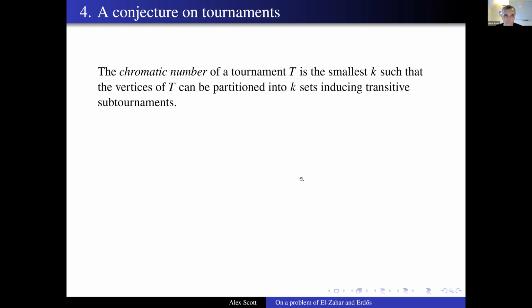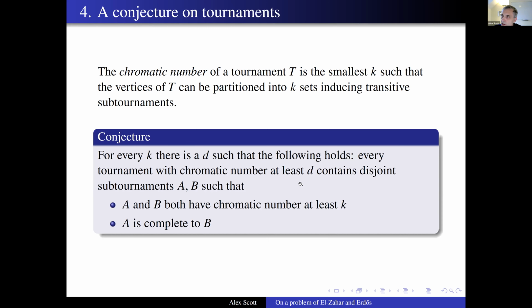Okay, right. So here's a conjecture, and it's going to turn out to be stronger than the El-Zahar and Erdős property.